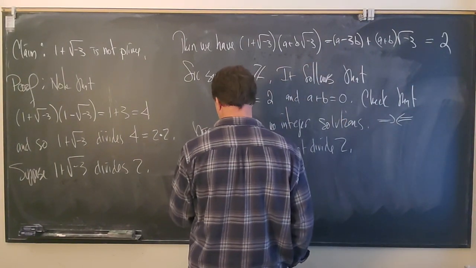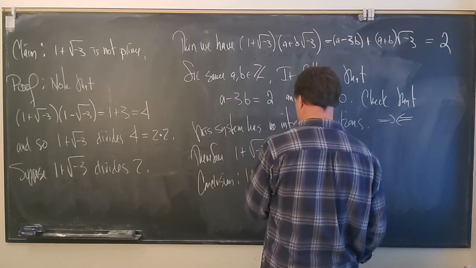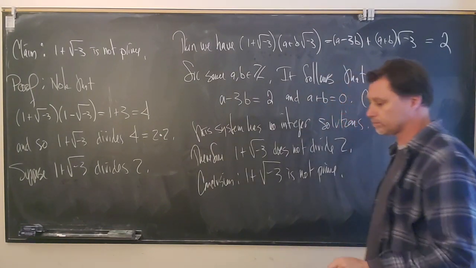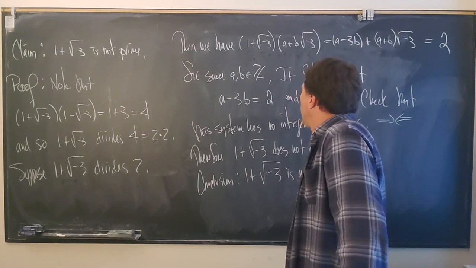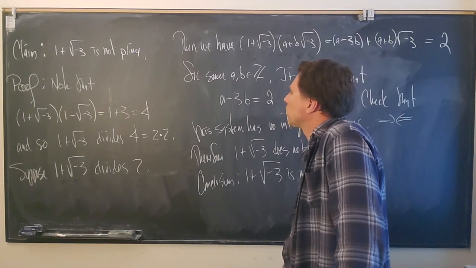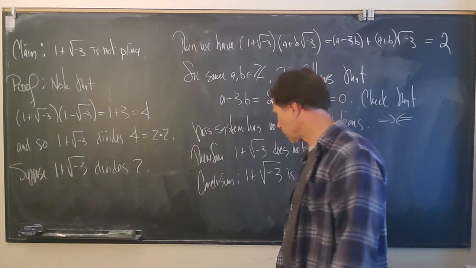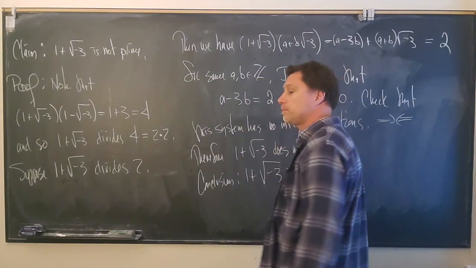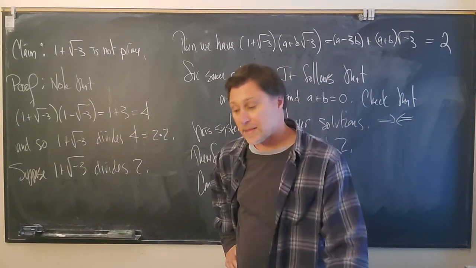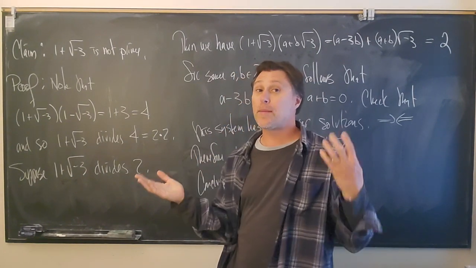So conclusion, 1 plus square root of minus 3 is not prime. Okay, so what did we show here? In this example, we have an element that's irreducible but not prime. But we had a theorem a little while ago that says in a principal ideal domain, irreducibility and prime are the same, right?